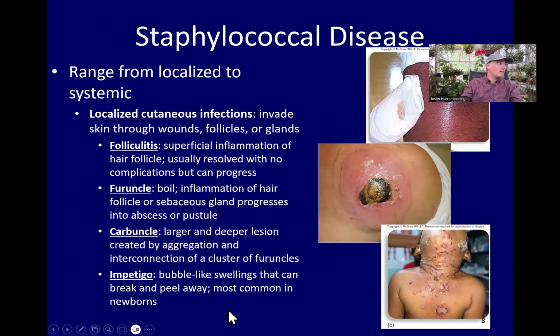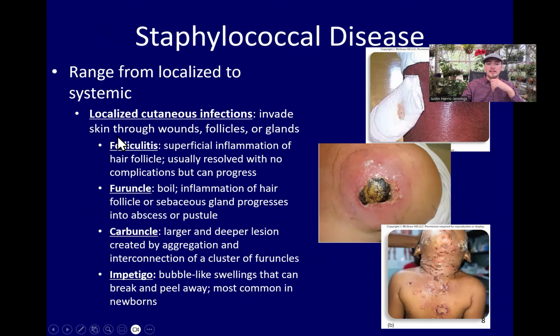So staph diseases typically occur on the skin because they're found on the skin. And usually there's an overgrowth, and the immune system in that area can't fight off that overgrowth, and it creates these infections. Staph gets into a hair follicle, and it creates folliculitis.